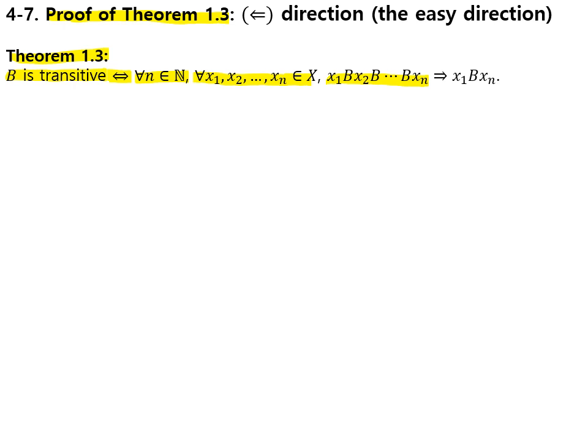So if x1 is related to x2 until, through this long chain, it eventually reaches xn, then x1 is related to xn as well, right? So remember that this is a biconditional statement. So it consists of this direction and this direction.